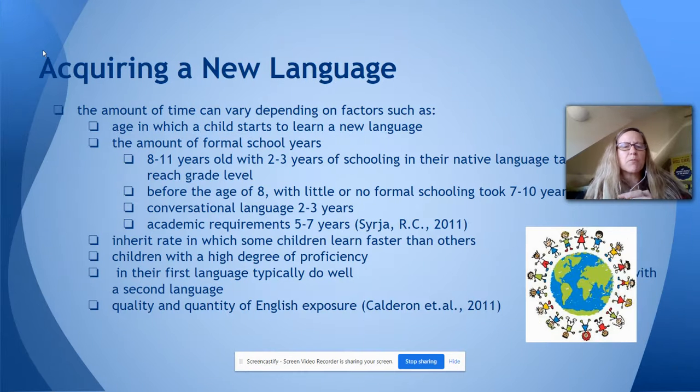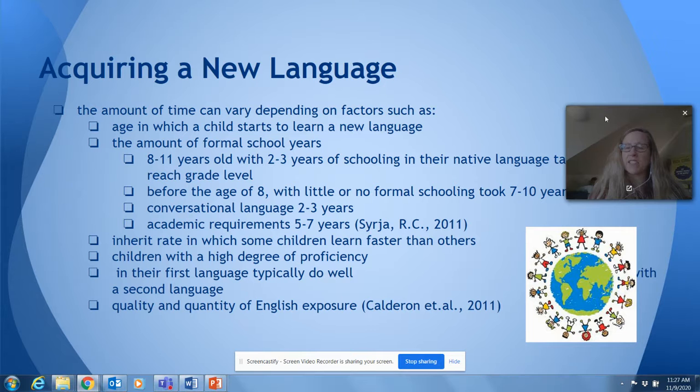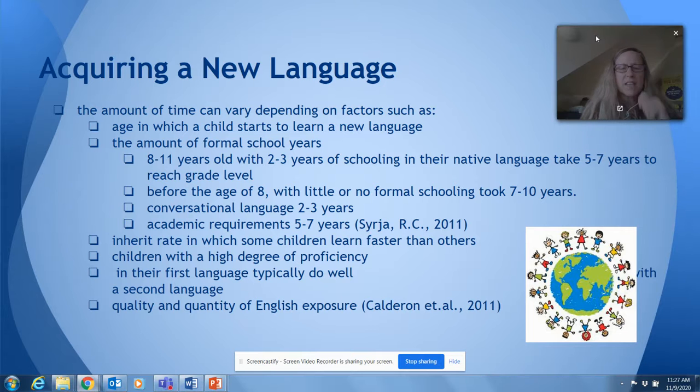So, when we talk about acquiring a new language, the amount of time it can take can vary on a lot of different factors. For example, the age when the child starts a new language, the amount of formal school years, and as I just said in the previous video, the more language and literacy they have in their native language, the better.